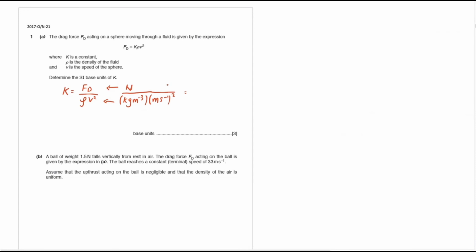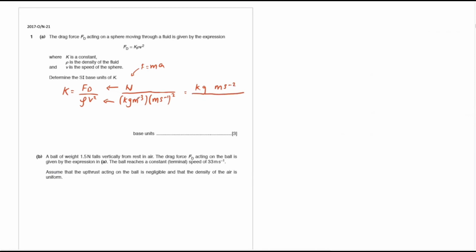Then I know force equal to ma, right? So I can predict the unit: kg m s^-2. I change to base unit.